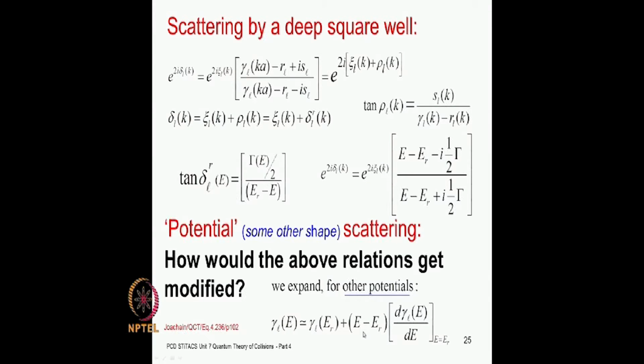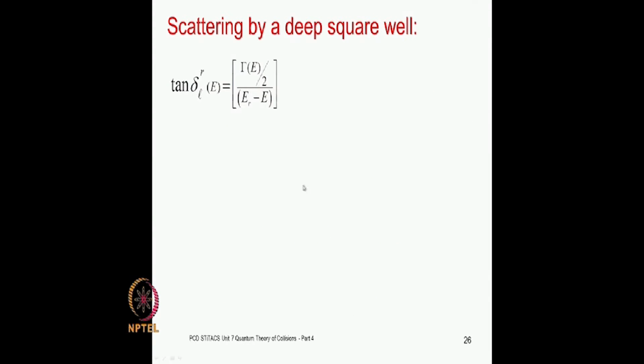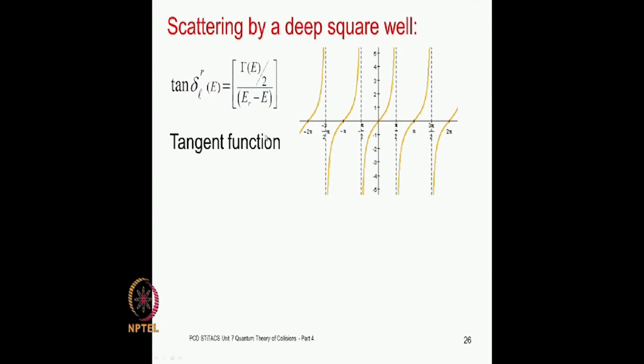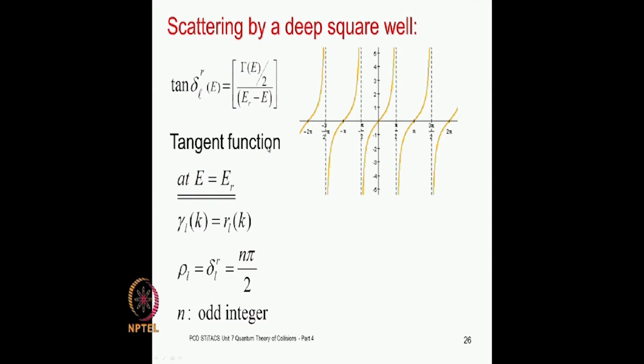So now let us look at the expression for the resonant phase shift, and this is determined by the properties of the tangent functions, which we have discussed earlier also.